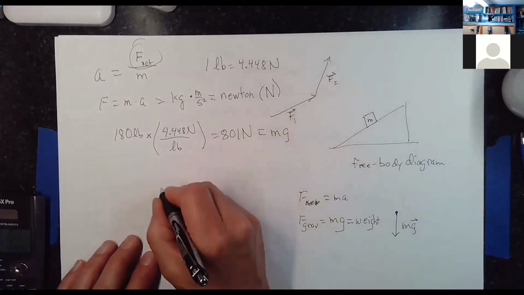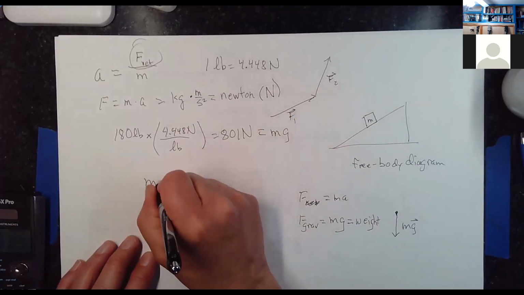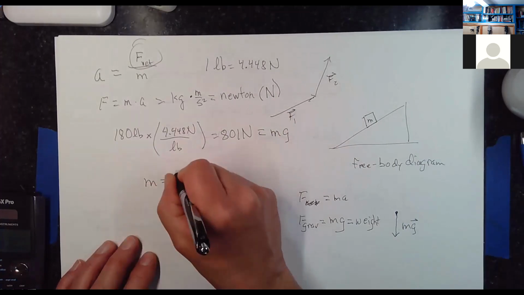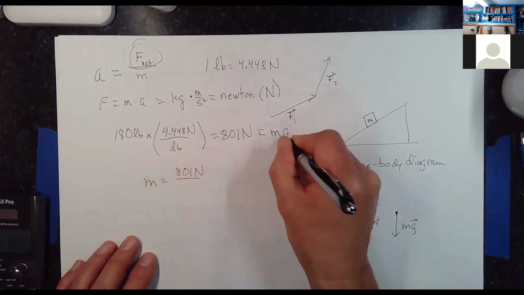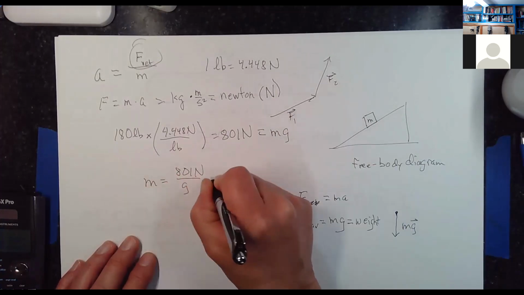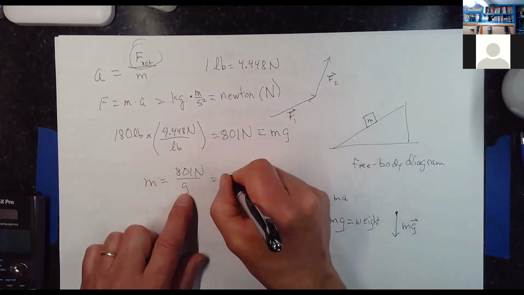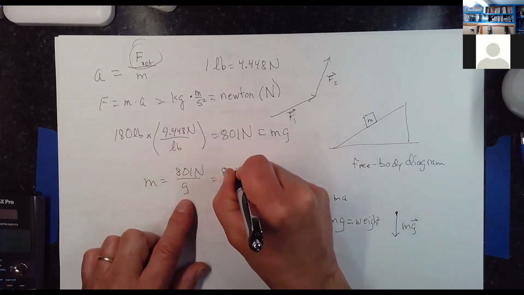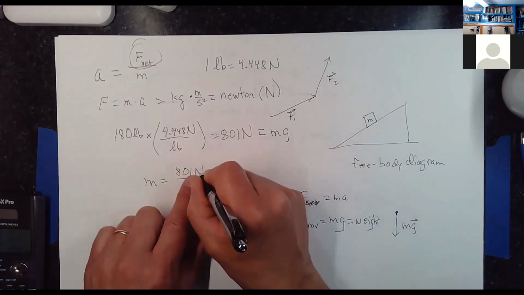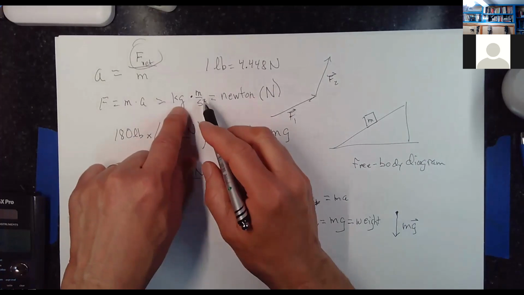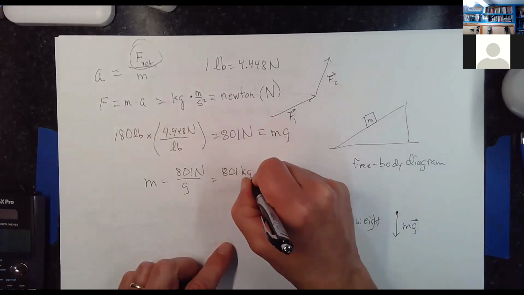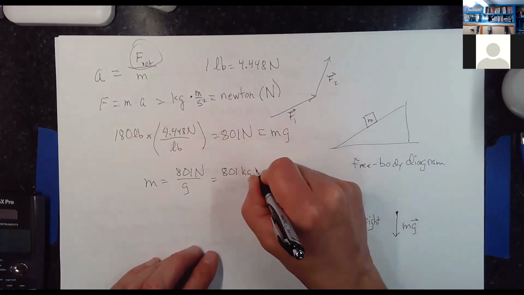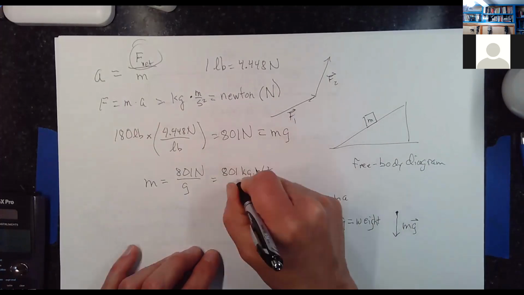So if we solve that for the mass of that person, m equals 801 newtons divided by g, which is 9.81 meters per second squared. And a newton, remember, is a kilogram meter per second squared. So I'll write it that way here, although sometimes you can just keep that in your head.